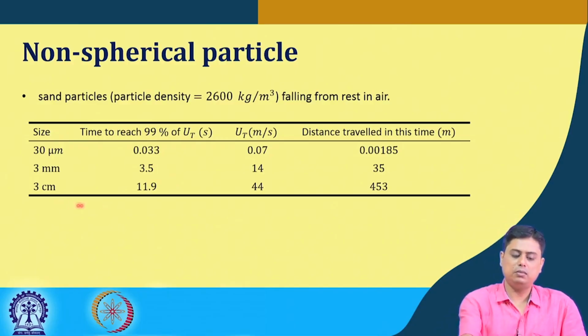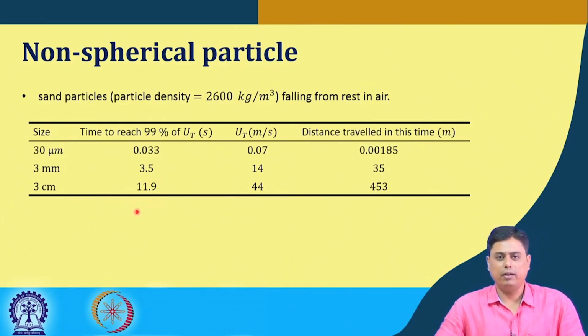But for this particle, until this second, you cannot think of having terminal velocity. It was accelerating till that moment. After that, it attains this terminal velocity and then settles. And it takes this much distance to attain that terminal velocity.